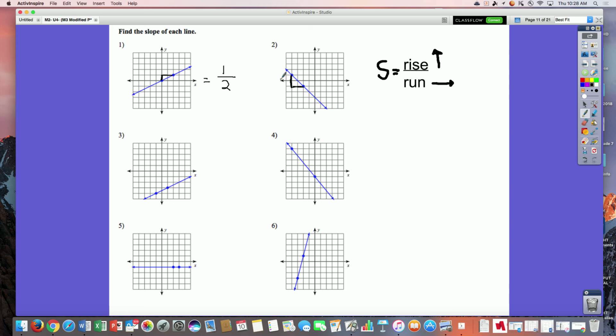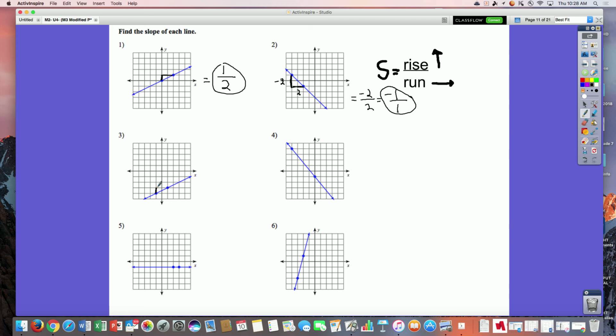We went down 2, and we went over 2, right? 1, 2, 1, 2. So the slope of this line is -2 over 2. I could reduce that and say the slope of this line is -1 over 1. This is a negative line, right? So you know your answer has to be negative. Let's move on to number 3. Let's draw a right triangle.